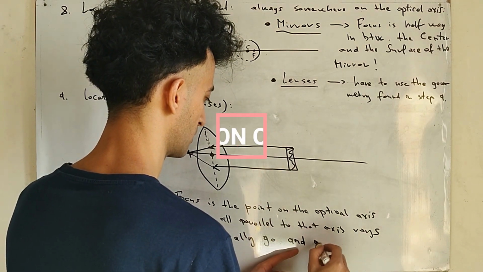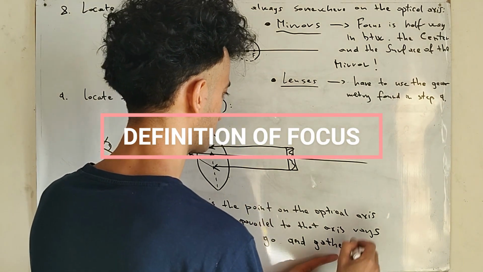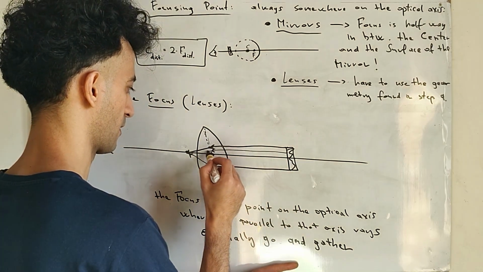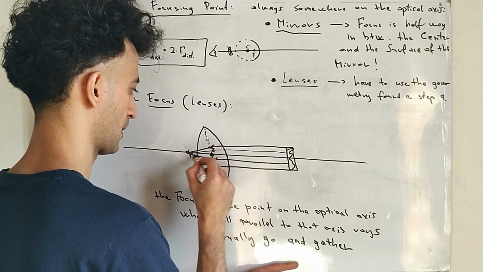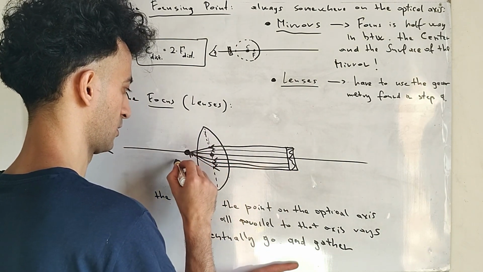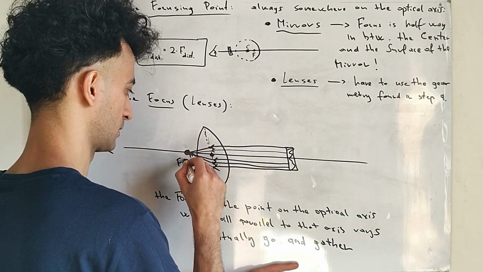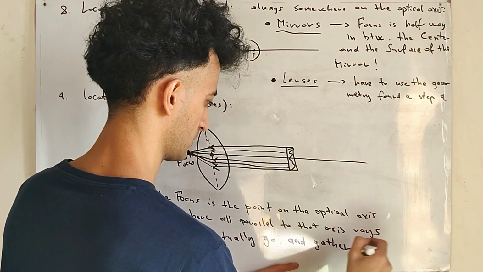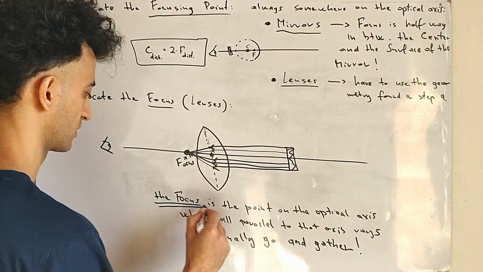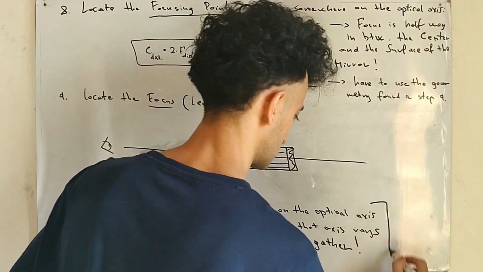So all rays of light that are parallel to the optical axis, you can see, right, all of them, they will gather in that place called focus. Okay, that's the definition of the focus. Very important. Okay?